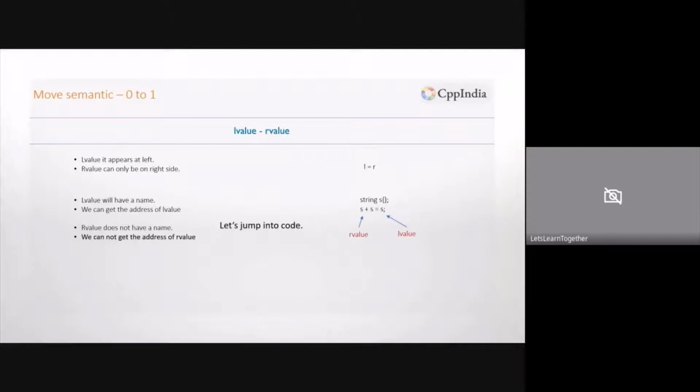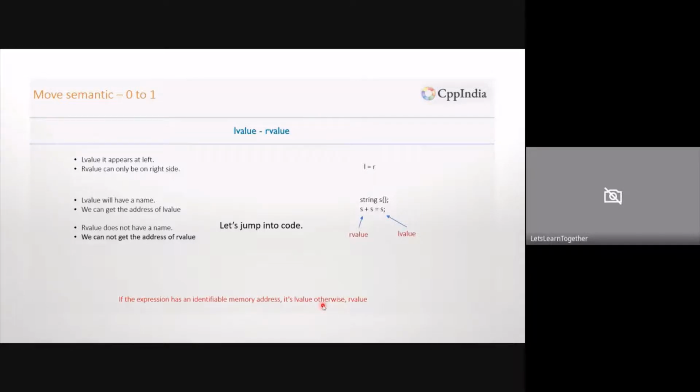So if I try to summarize everything in a single line: if the expression has an identifiable memory address, it will be an L value, otherwise it's an R value.